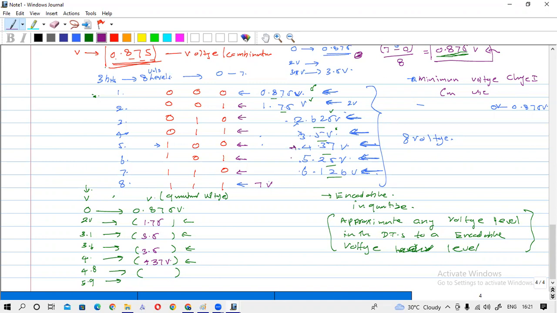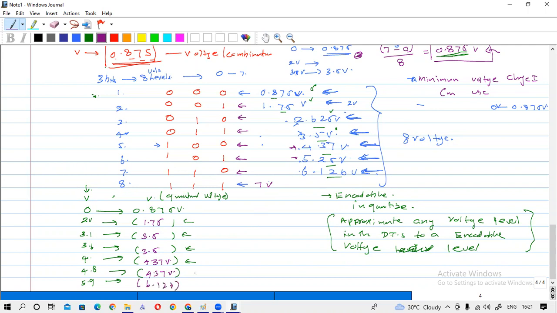This one or this one? Okay. I hope it is 4.75, maybe okay, no? Okay. So 4.8 also, you can use 4.7. And 5.9, you can use 6.126. Okay. You can use 6.126.